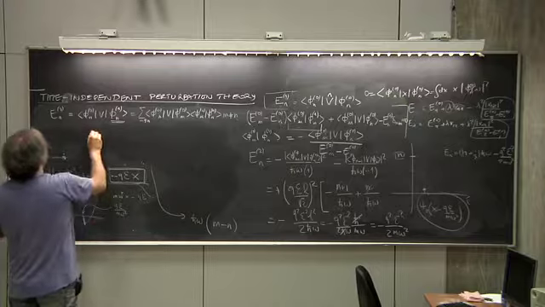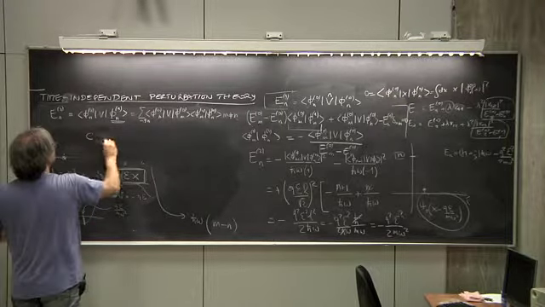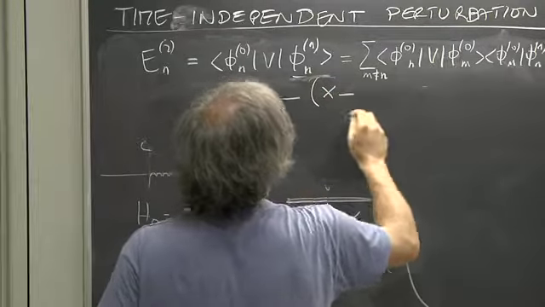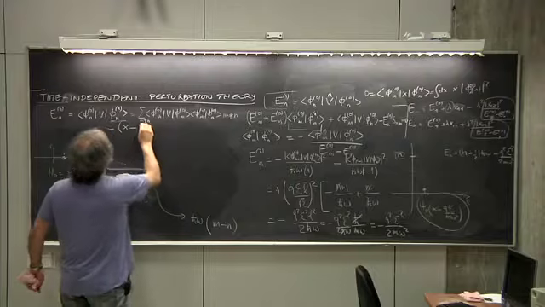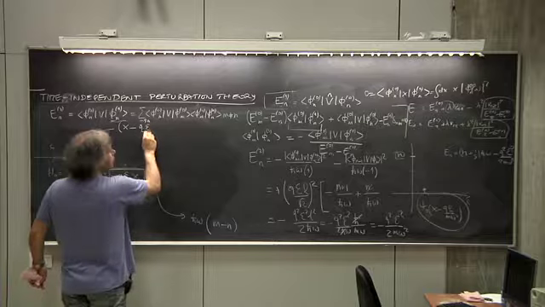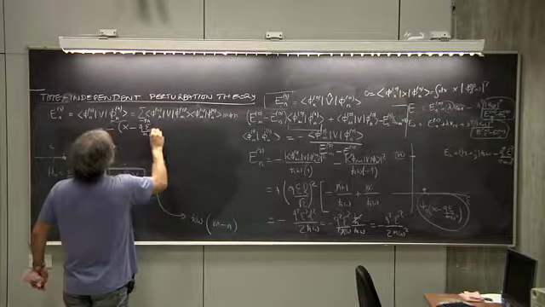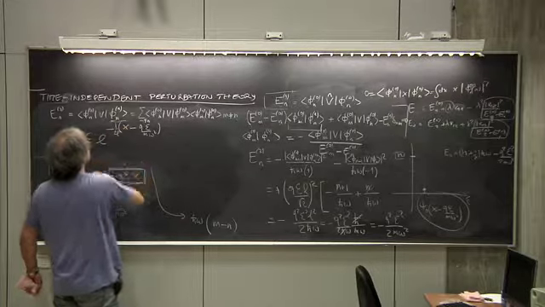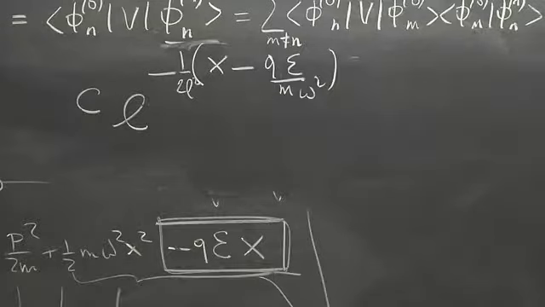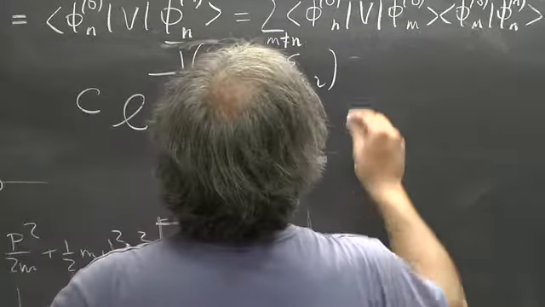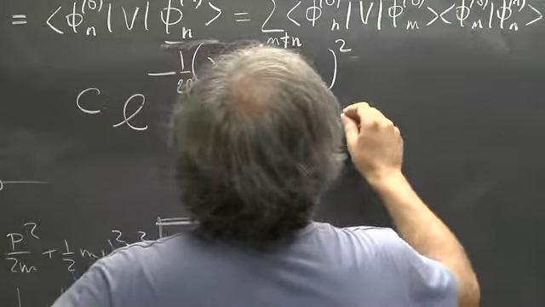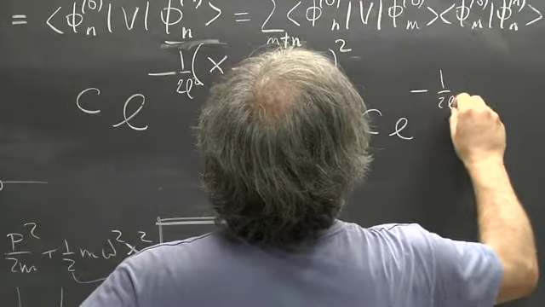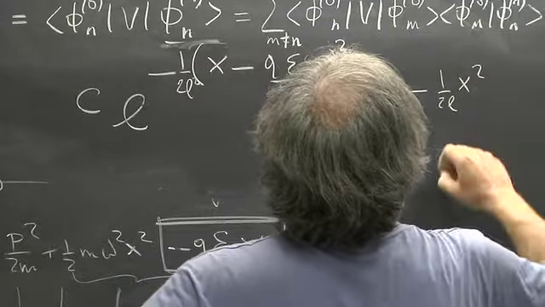So I have C times e to the minus x minus q epsilon over m omega square, divided by 1 over 2 L square. This is the new ground state. You see that I can square. I can rewrite this as C e to the minus x square over 2 L square.